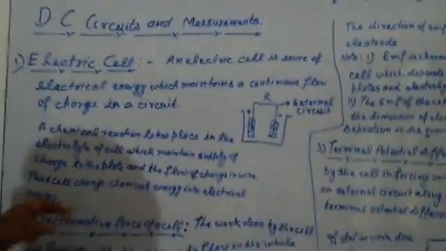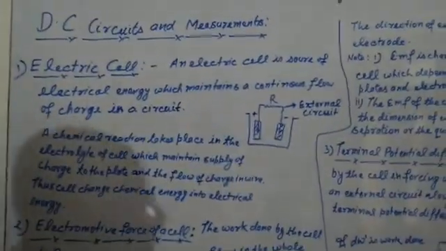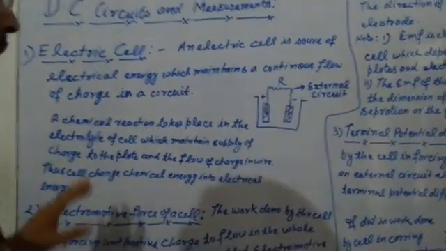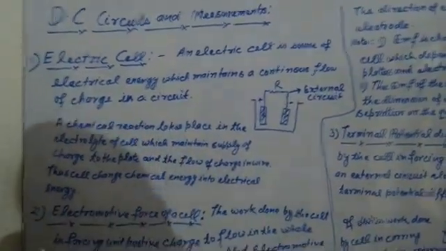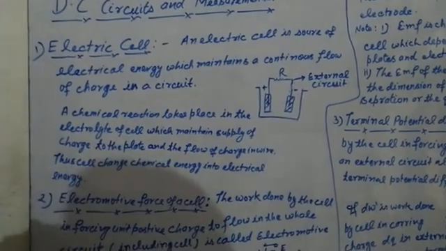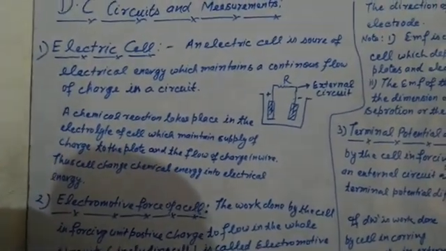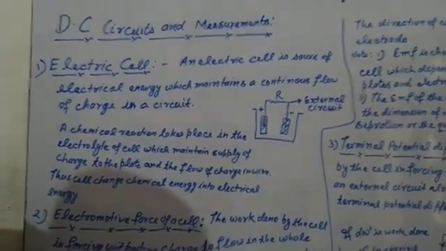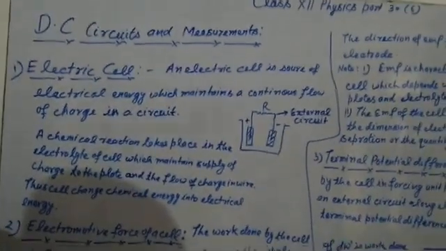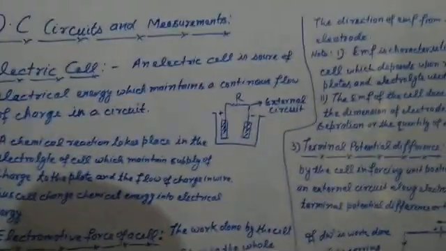Thus the cell changes chemical energy into electrical energy, and thus we can say the cell is a device which maintains the flow of the charge in the circuit by converting its chemical energy into electrical energy.